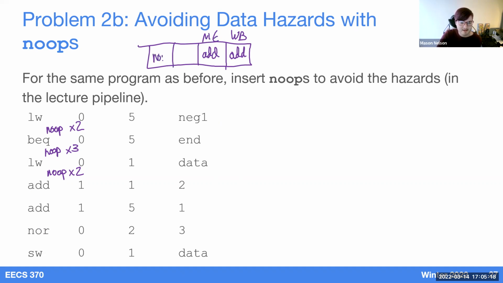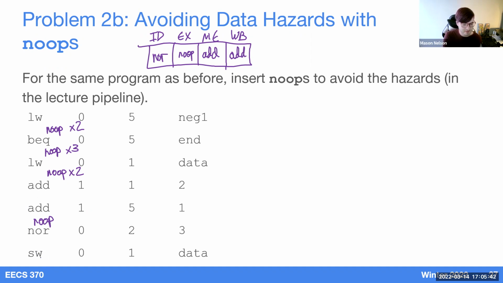And then we want that to happen at the same time as our NOR is in decode. So now we need just one no-op to put into the EX. We don't need to put in two. So I'll just add one no-op here instead of two this time. And finally, if we look, we said that the last SW was dependent on the second add, but now they're spaced out again.